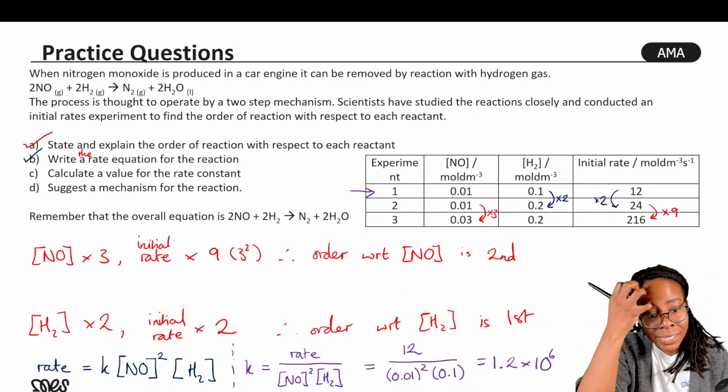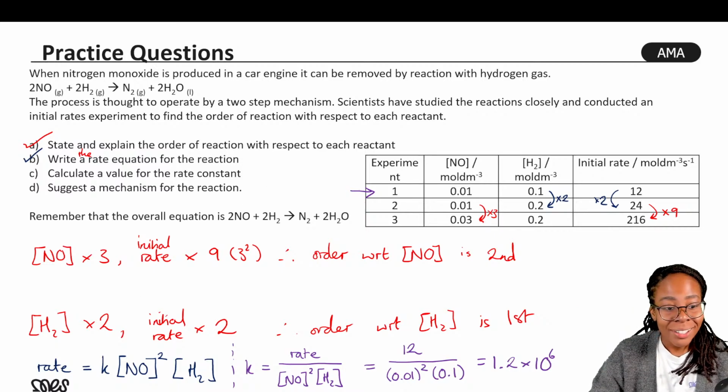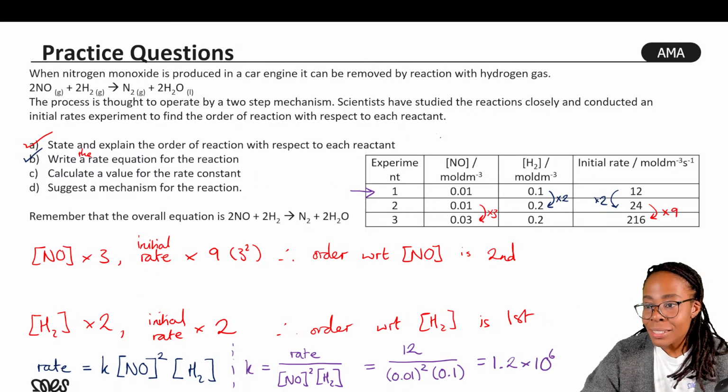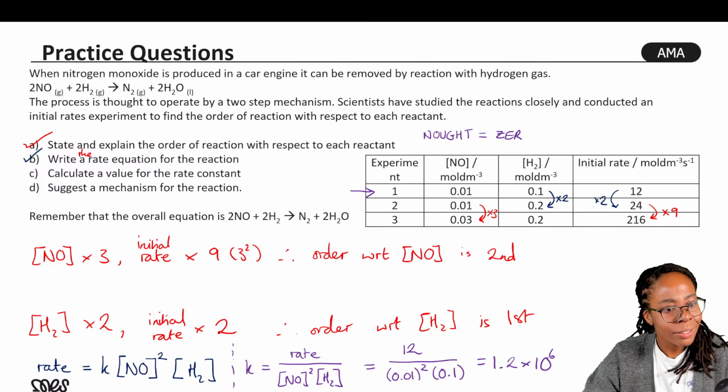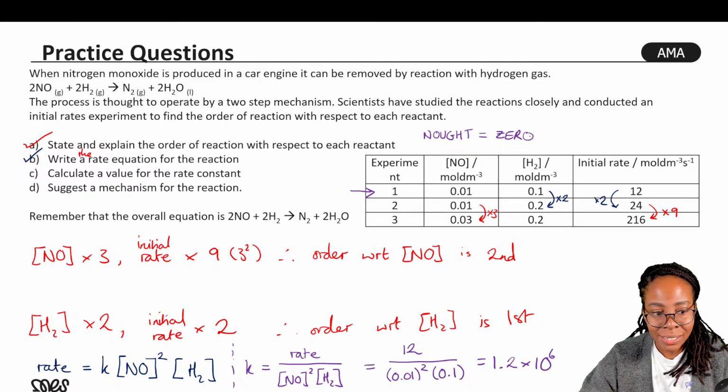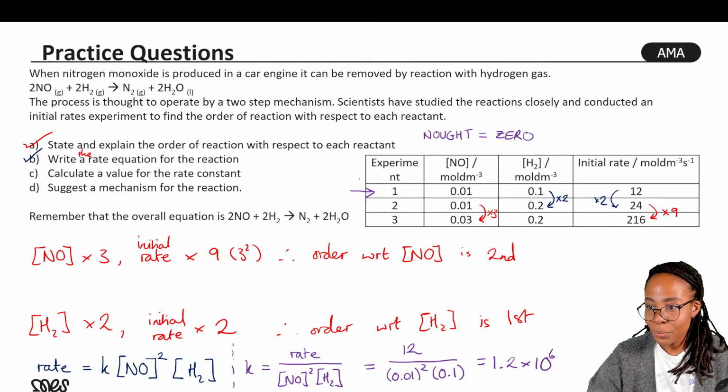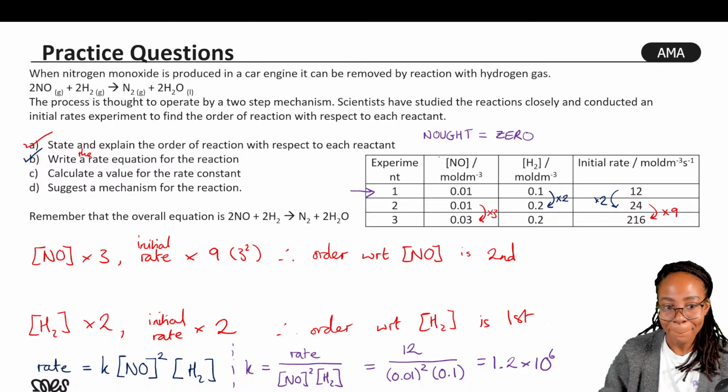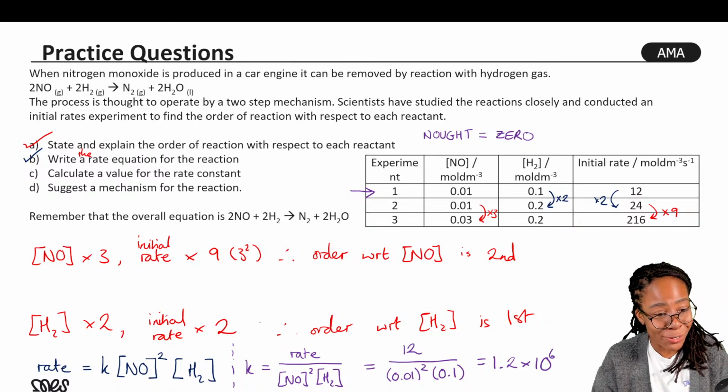Why do I pronounce 0 as naught? Naught means 0, like noughts and crosses, right? It's quicker than saying 0, especially when there are lots of zeros.